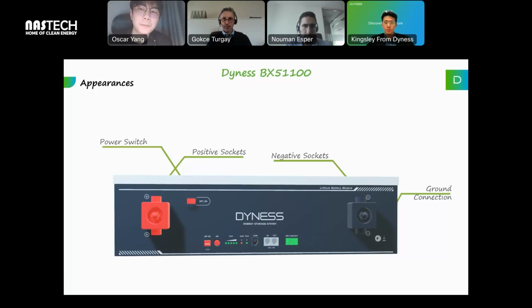And by the way, if you are installing a parallel connection system, the first battery that is connecting to the inverter is the master battery. So for the whole system, you only need to hold the switch button of the master battery for 3 seconds, and the other slave batteries will also be activated together. This one is the DIP switch.